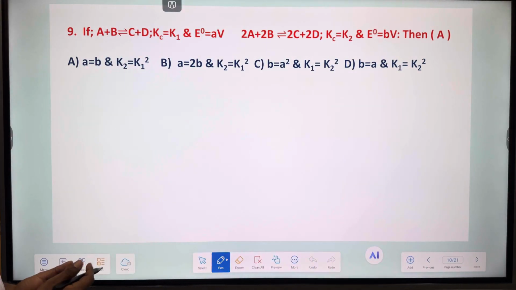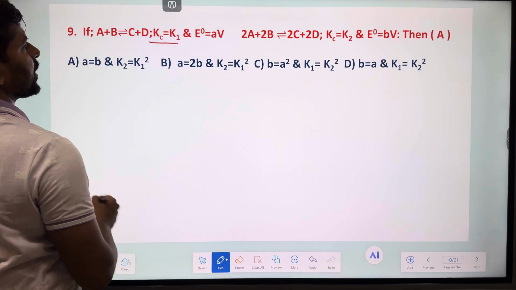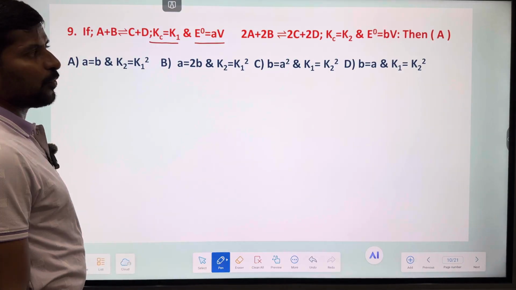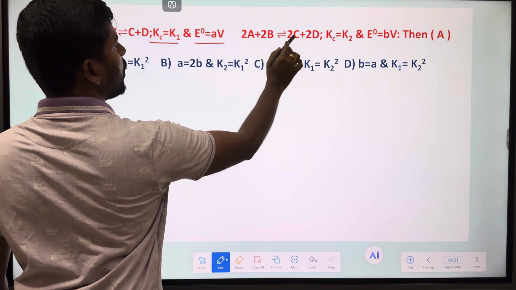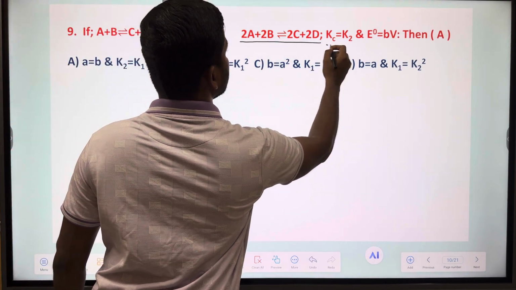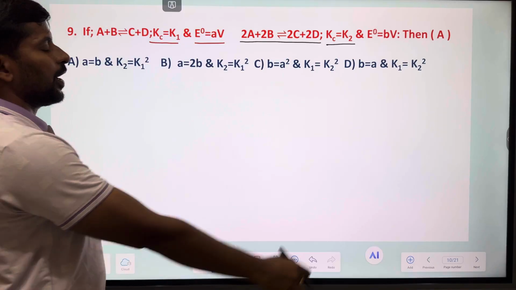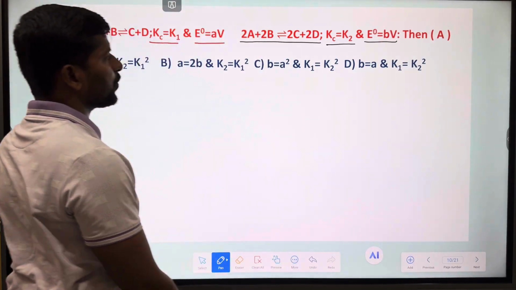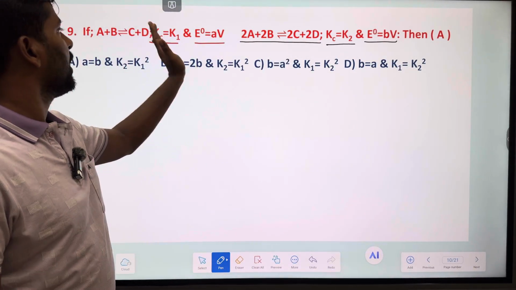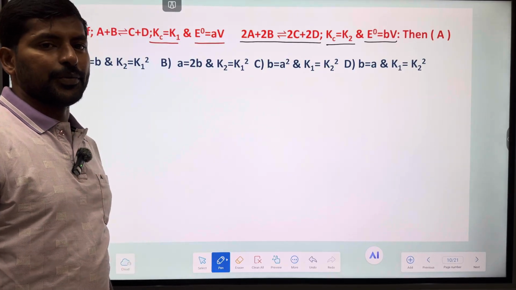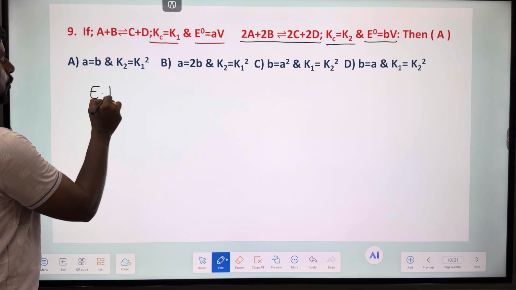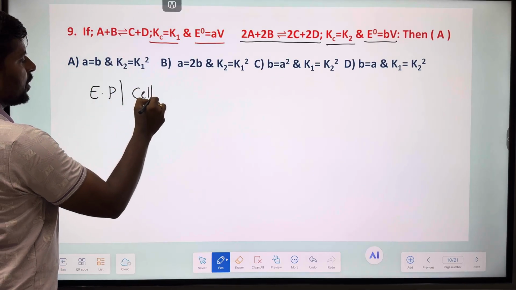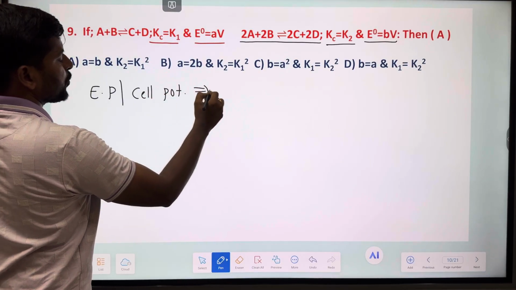A plus B gives C plus D, Kc is equal to K1, the equilibrium constant for the first reaction, electrode potential A volts. Next, this is multiplied with 2 and this is multiplied with 2, the equilibrium constant is given as K2 and electrode potential is given as B volts. Then what is the relation between A and B, and what is the relation between K1 and K2? So we know that electrode potential or cell potential is an intensive property or extensive property?